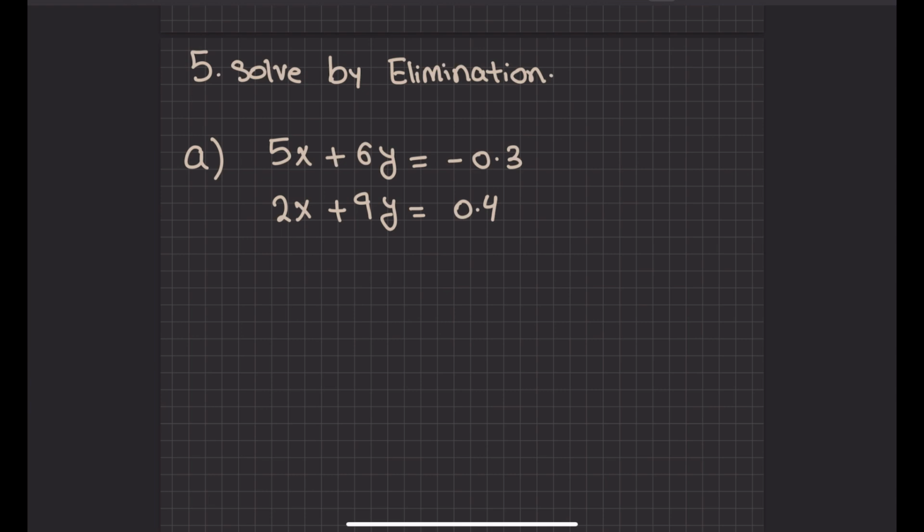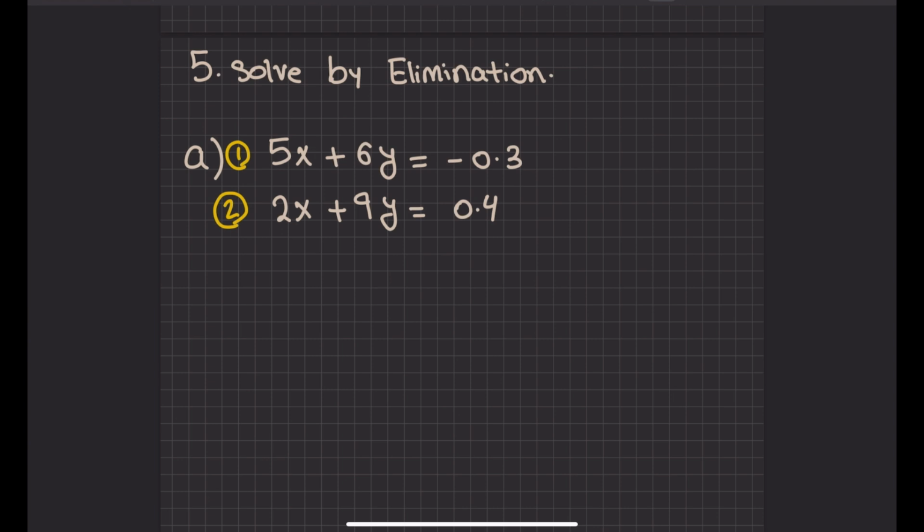Same thing, it didn't tell you to use addition or subtraction, so it's your choice to choose either of them that you want to. So the first thing I always do is define your first and second equation. When you take a deep look at this, you can see both of the variables have the same sign: for the y, both of them are positive, and for the x, both of them are negative.